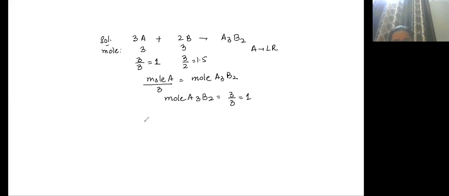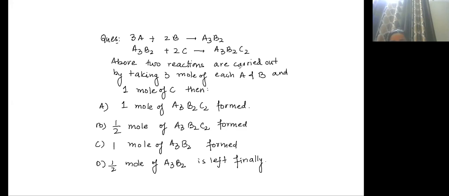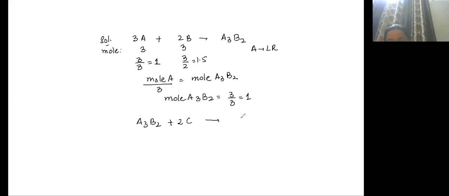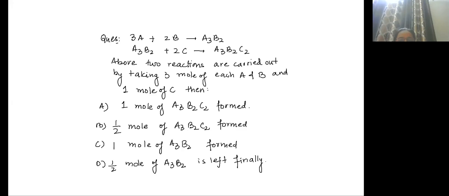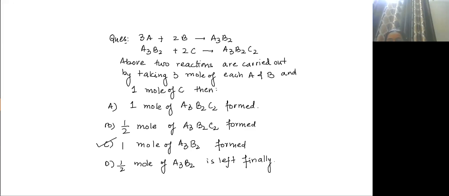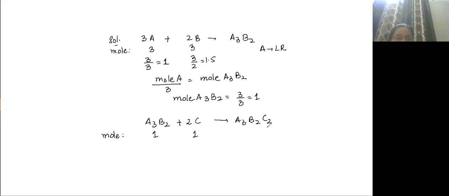Now next is A3B2 plus C. It will react and will form A3B2C2. Now the moles of A3B2 is 1. The moles of C that is taken is 1. So as you can see that C option is correct. Now you have to find out moles of A3B2C2. First find out limiting coefficient. 1 divided by 1, this is 1.